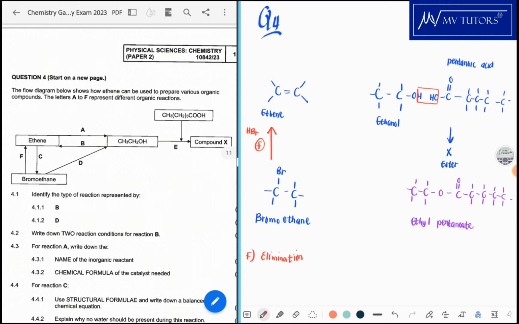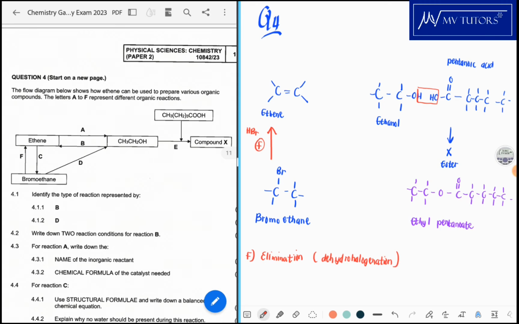Okay, so basically if we are eliminating that, we can say we are dehydrohalogenating it. So it's an elimination reaction. If you want to be very specific, it's dehydro, because we're taking out a hydrogen, so dehydrohalogenation. We're taking out a hydrogen, we're taking out a halogen, so dehydrohalogenation.